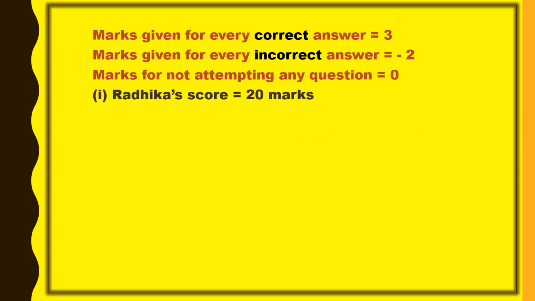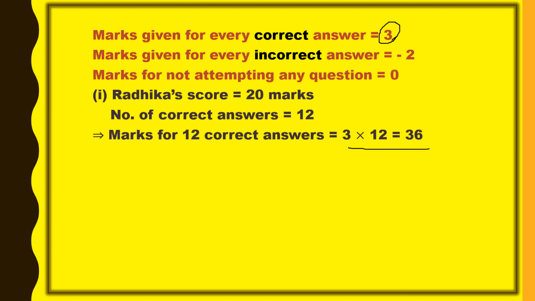So the number of correct answers is 12, and each correct answer is given 3 marks, so her correct answers marks will be 12 into 3, 36. For 12 correct answers, she will get 36 marks.